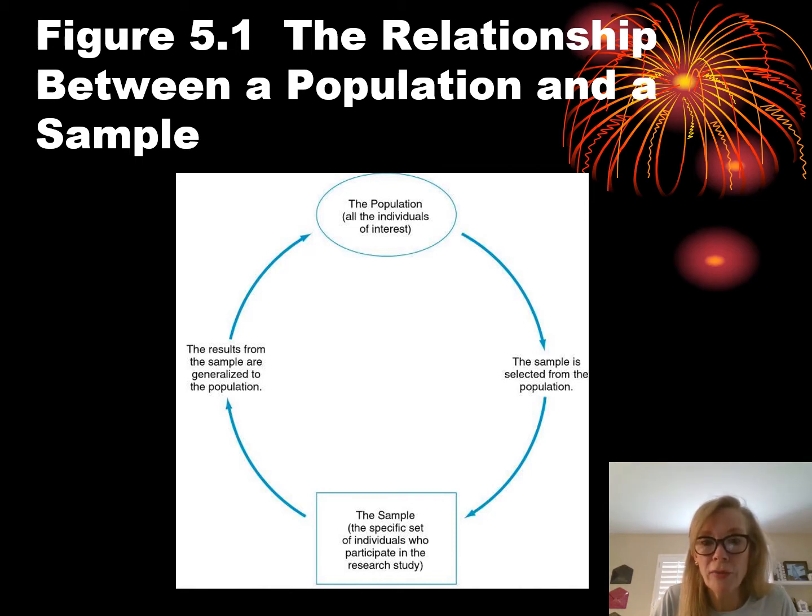How are we going to acquire that sample? The next arrow going from the sample to the box below says the sample is the specific set of individuals who participate in the study. Okay, now you have them, you've acquired them, you run your study, and then the results from the sample are generalized back to the population.